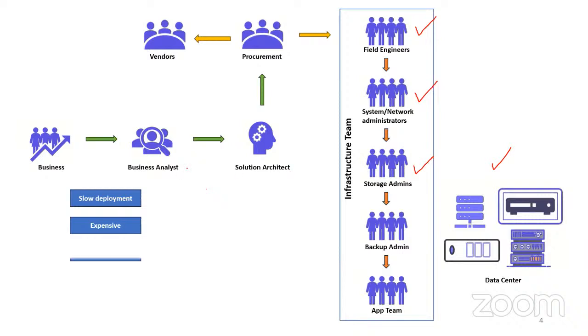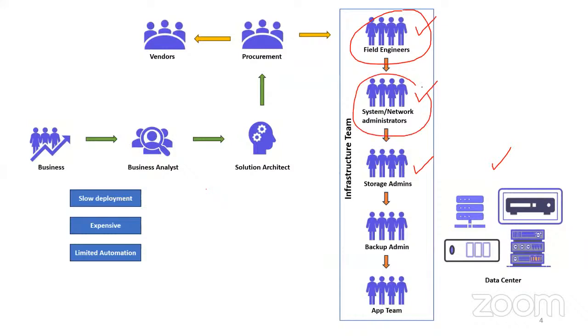And the third point is the limited automation. We cannot go for a lot of automation here, right? Some aspects can be automated, but whatever the field engineers are doing, we cannot automate it.